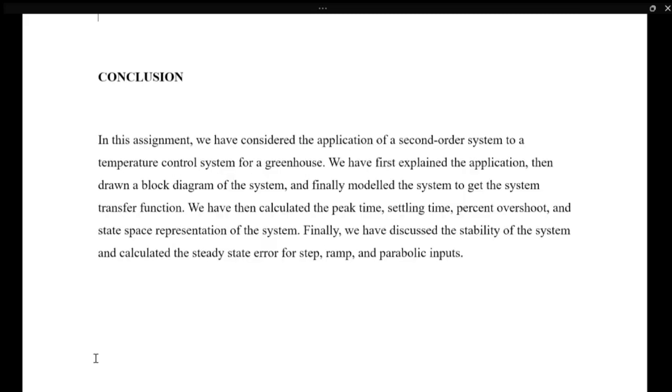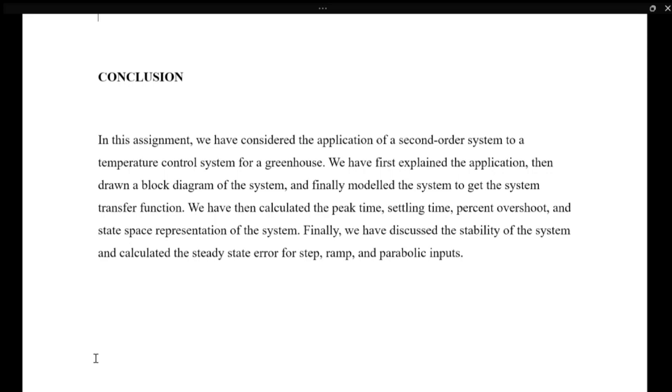In this assignment, we have considered the application of a second order system to a temperature control system for a greenhouse. We have first explained the application, then drawn a block diagram of the system, and finally modeled the system to get the system transfer function. We have then calculated the peak time, settling time, percentage overshoot, and state space representation of the system.